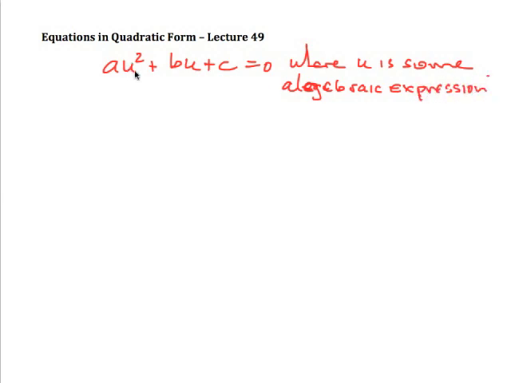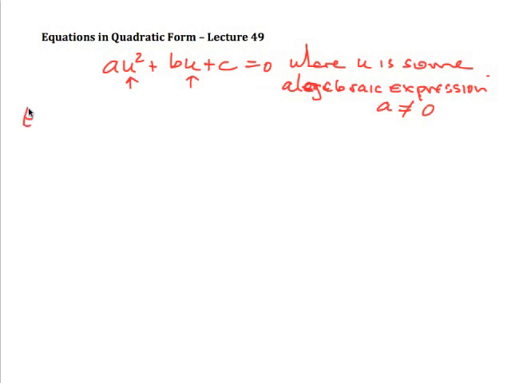So in other words, it's something in x here. u is some algebraic expression in some other variable. Now of course a is not equal to 0 here, or we wouldn't have a quadratic form at all, but you can see that it's in quadratic form. It's just that we have an expression here rather than just a single variable x.